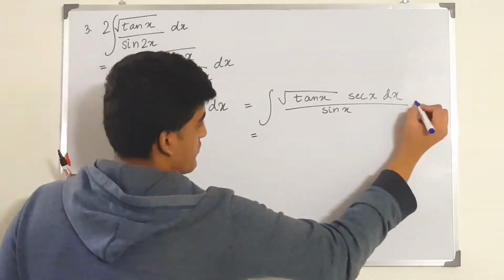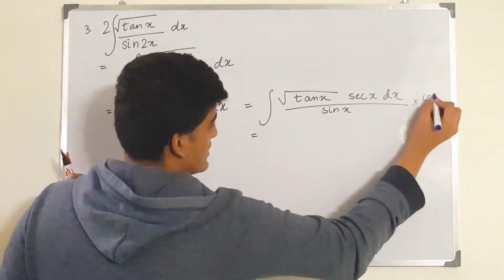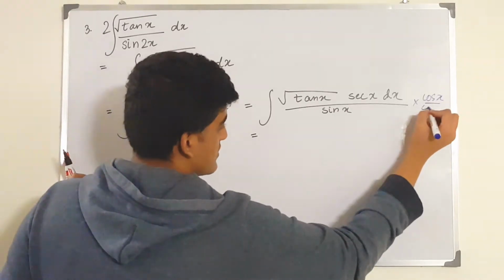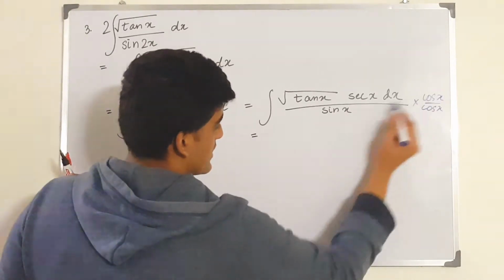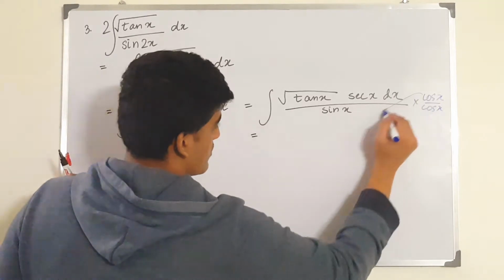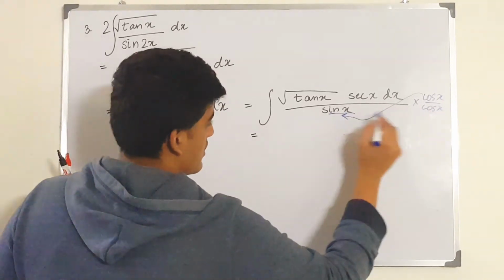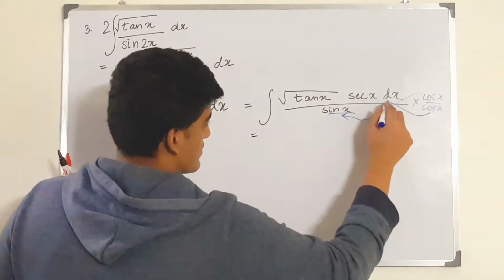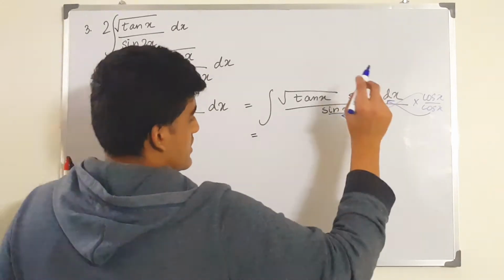You can just write it as multiplying with cos x. So this cos x goes to this denominator, and this cos x goes to this denominator.